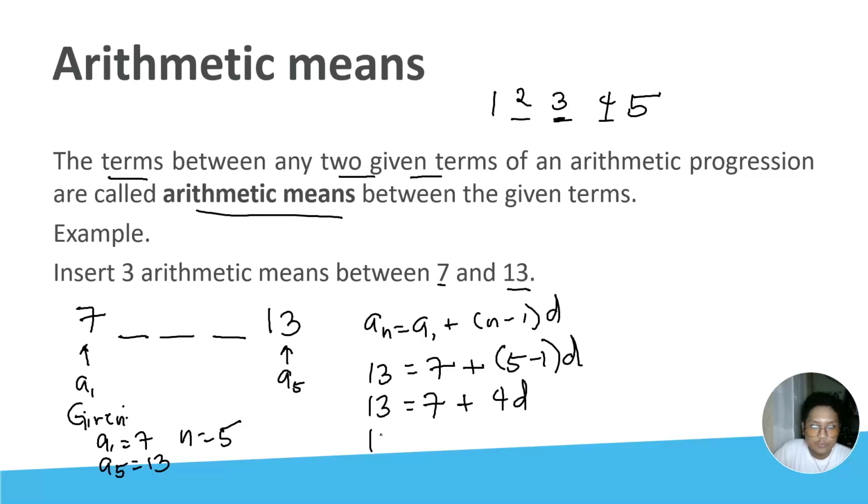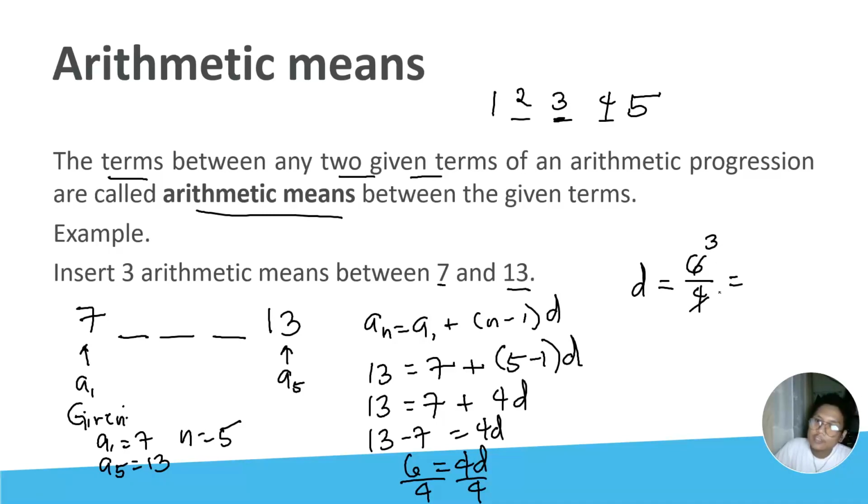So, 13 minus 7 equals 4d, or 6 equals 4d. Divide both sides by 4. D therefore is equal to 6 over 4, or pwede pang ma-cancel yung 2, magiging 3 over 2, or 3 halves. So, yan ang common difference natin.